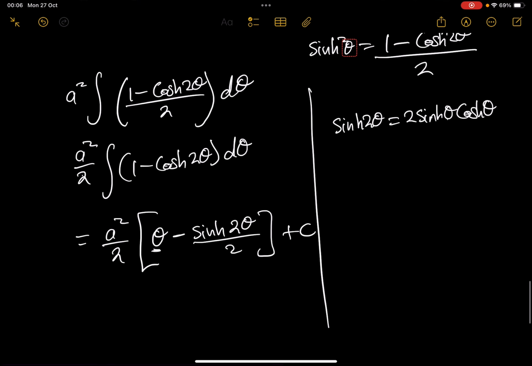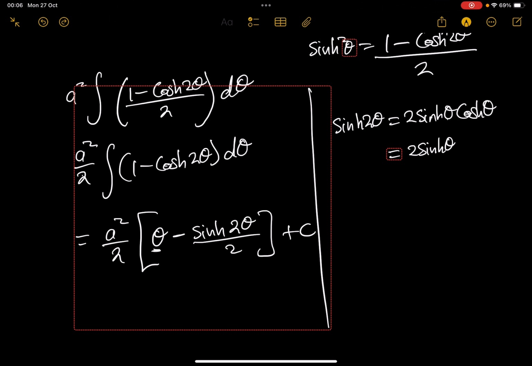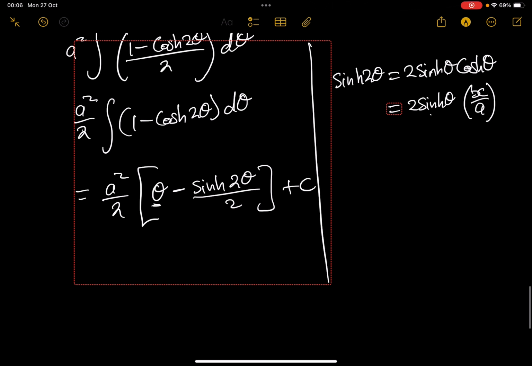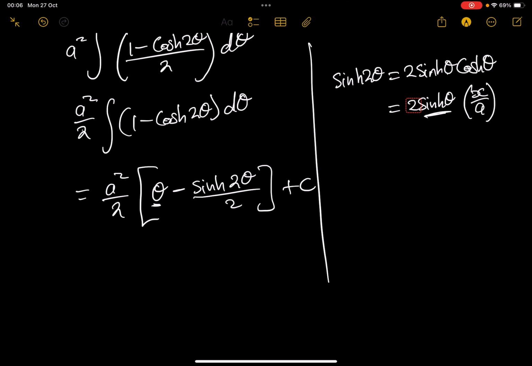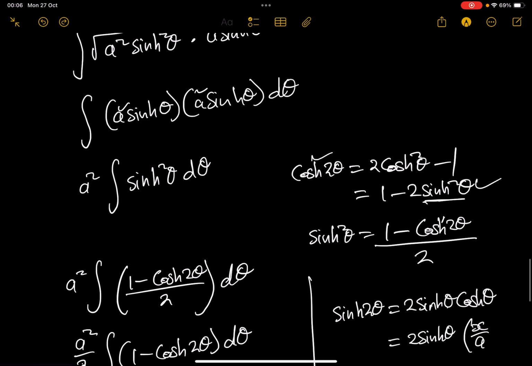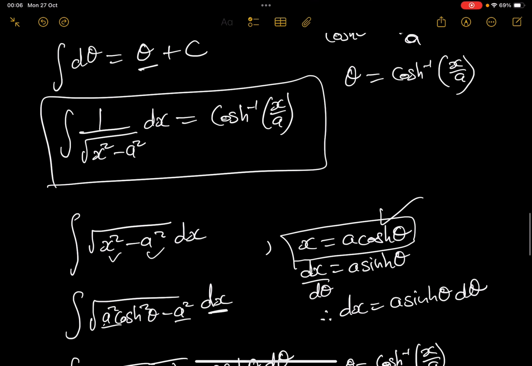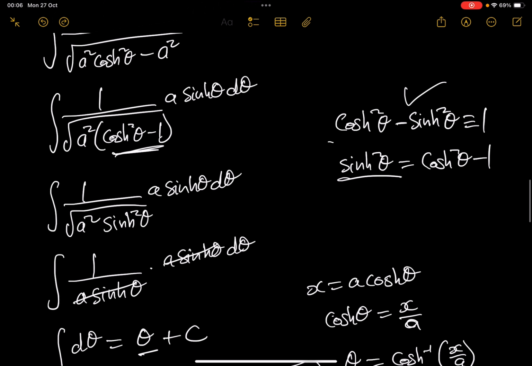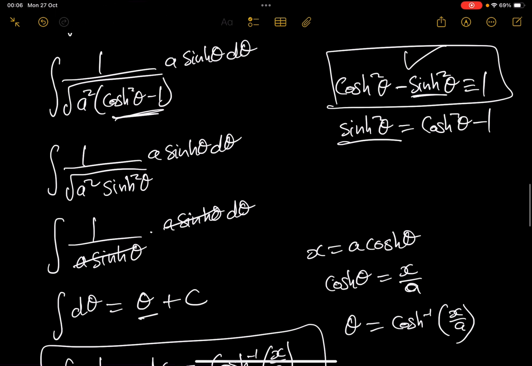So here this is equal to 2 sine theta, where there's cos we are going to have x over a. And what about sine? Sine is easy. We are going to use the same identity that we used, just making sine the subject of the formula.